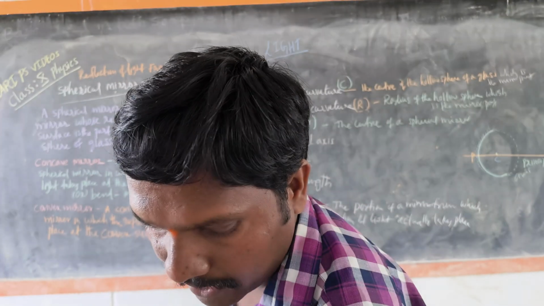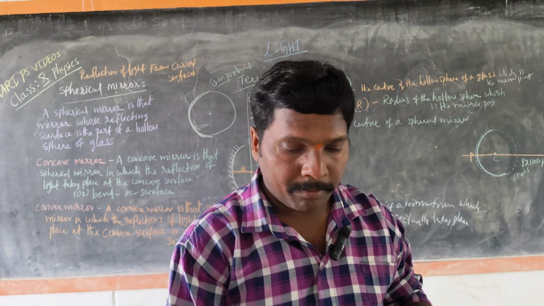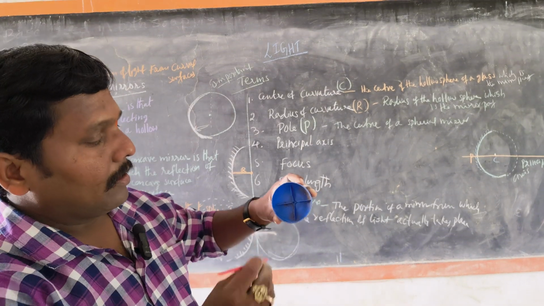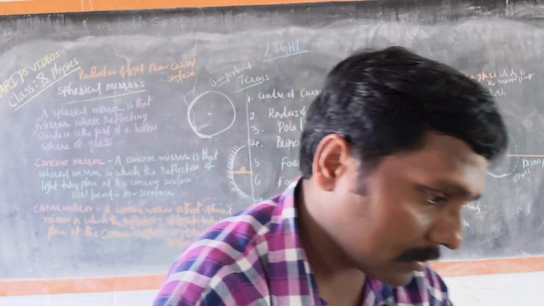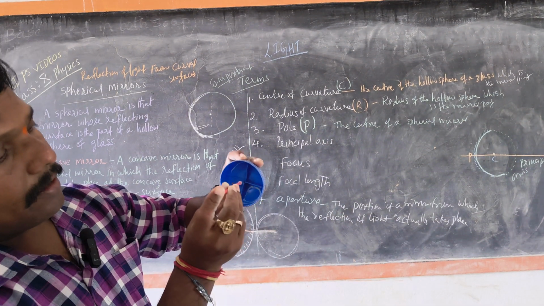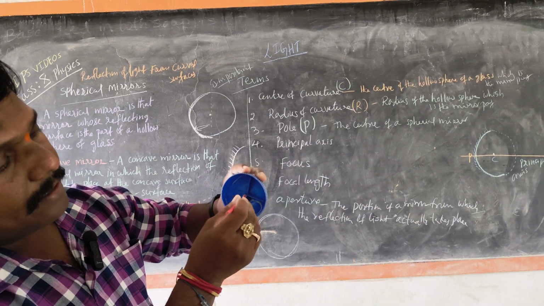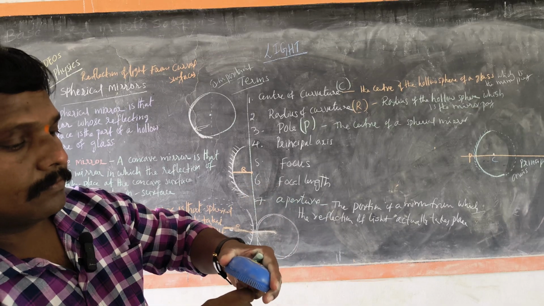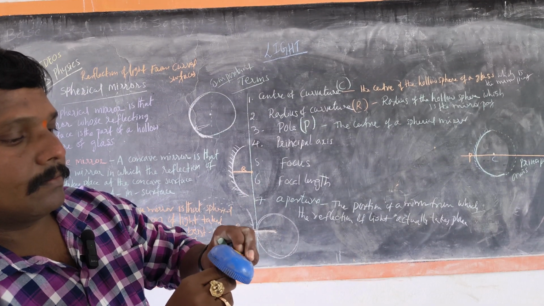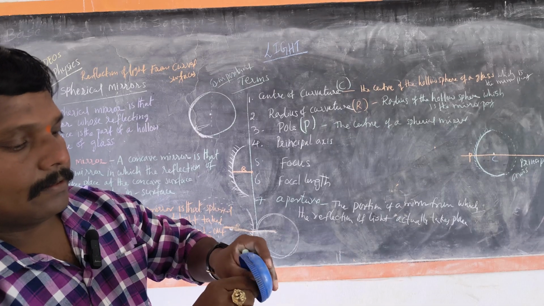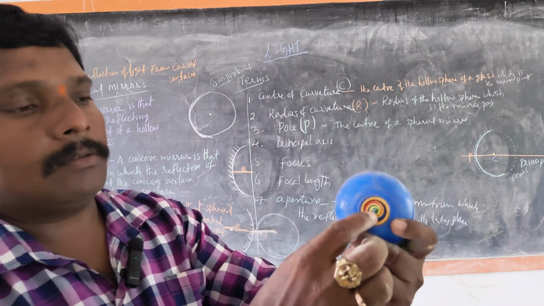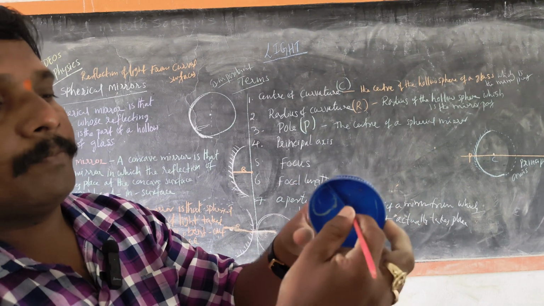So imagine that it is a spherical mirror. This is the center we already discussed. If the light ray passes through, you observe that the small pin also lies outside.